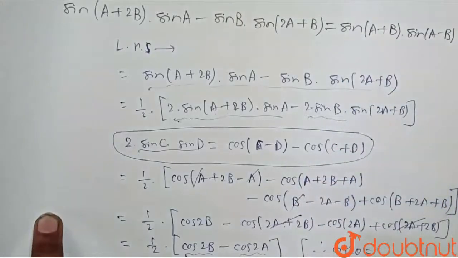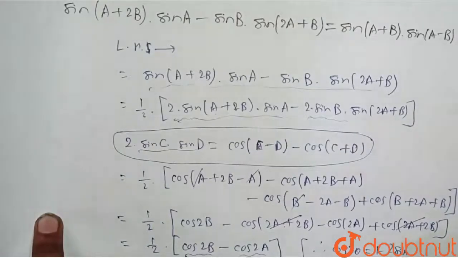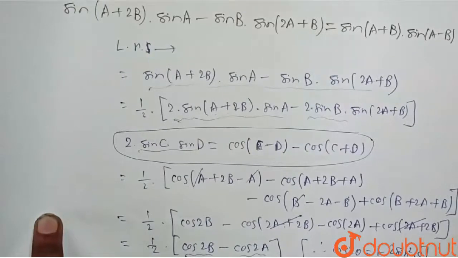So we know the formula in trigonometry of cos 2 theta in the form of sine is 1 - 2 sin square theta. We can apply this formula here, because here we get the angles 2b and 2a.